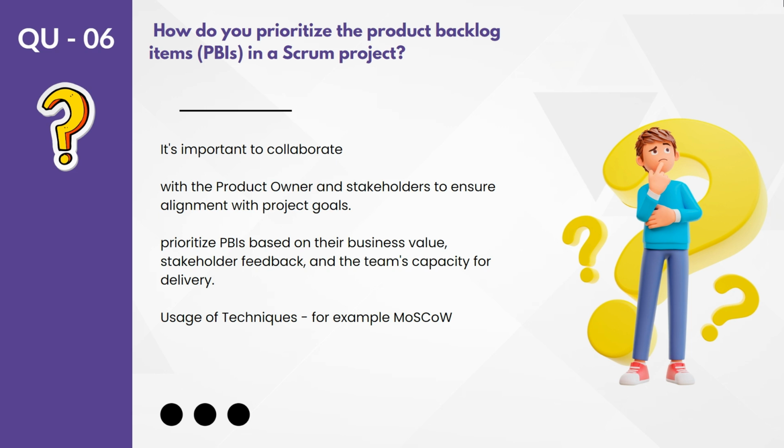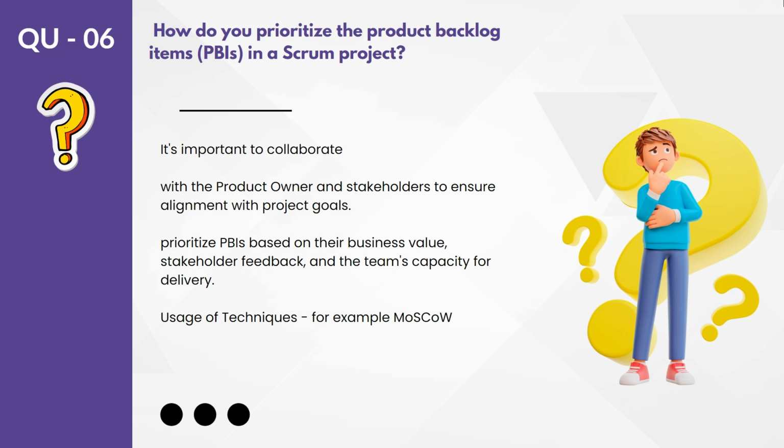You categorize your product backlog items into these categories, and then choose: must have is the first priority, should have second, could have third, and won't have, if it is not there, that's also fine. Talking about this technique gives the interviewer comfort to take the decision faster. So that's for this particular question.